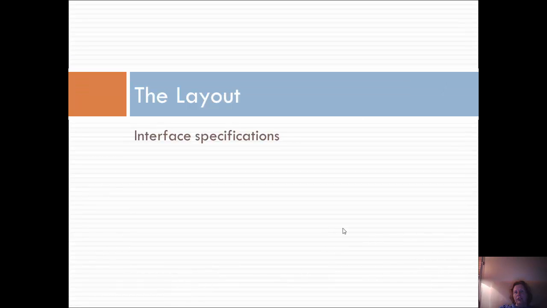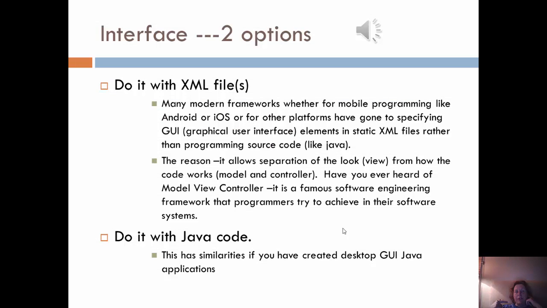So I mentioned to you before that the layout can be specified in XML, right? A separate XML file in the layout directory under the resource RES directory, or it can be done in code. So again, you have those two options, XML or Java code. Modern frameworks today like to separate interface design from the actual code.